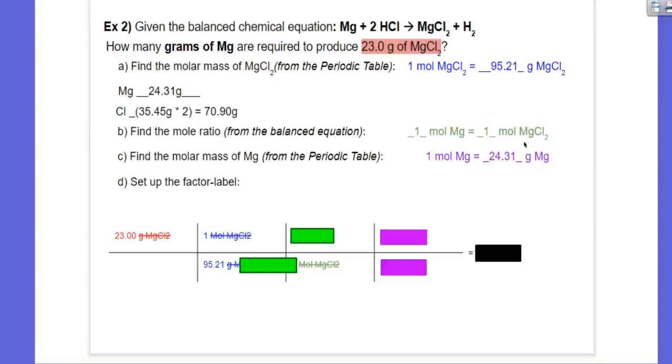Or I can convert that into moles of magnesium. So I'm going to convert it into moles of magnesium. And I'm going to take the values from that equivalency statement. Here I have a value of 1 and 1. So these cancel out. I'm currently left with moles of magnesium, which is not good.